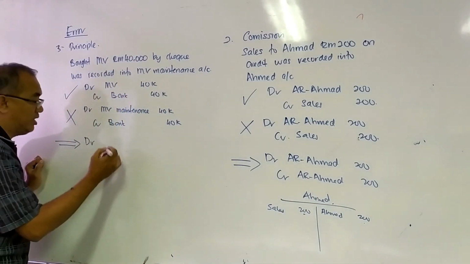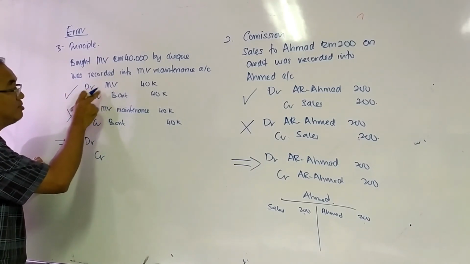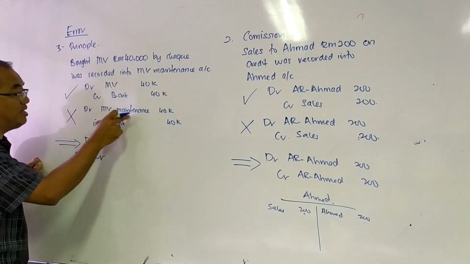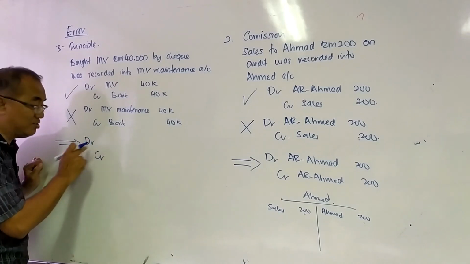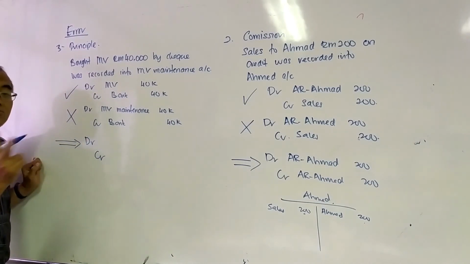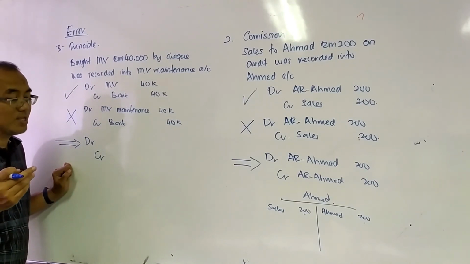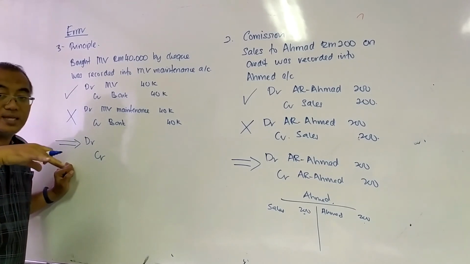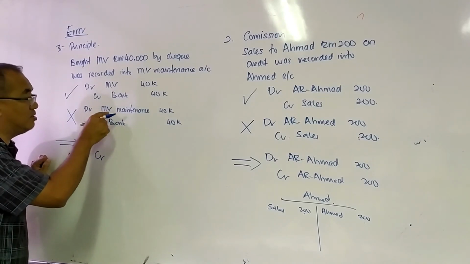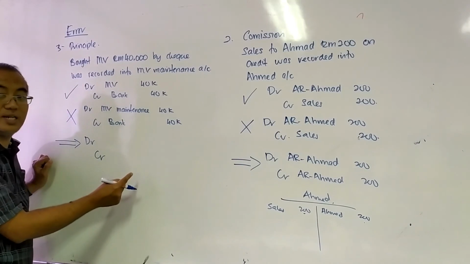Or you just take the motor vehicle first because this is the correct one. You put it in motor vehicle, and motor vehicle maintenance does not belong at the debit side, so you have to kick this one to the credit side. So there are two approaches, whichever way you understand. If you want to zeroize the motor vehicle maintenance from the debit side, you need to credit.